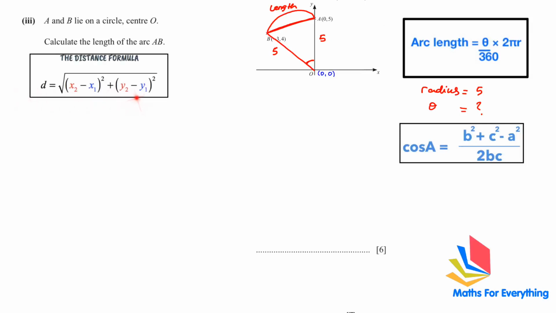This is the length formula: square root of x2 minus x1 squared plus y2 minus y1 squared. Let's write down the points. So we have A is 0, 5 and B is 3, 4.